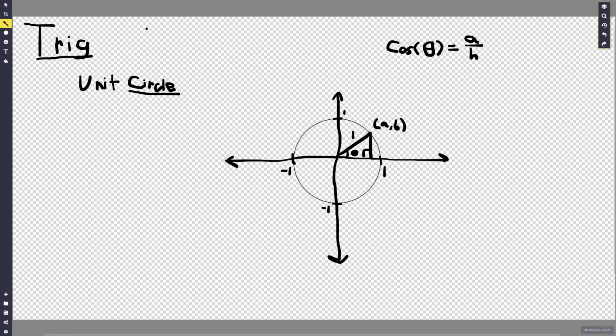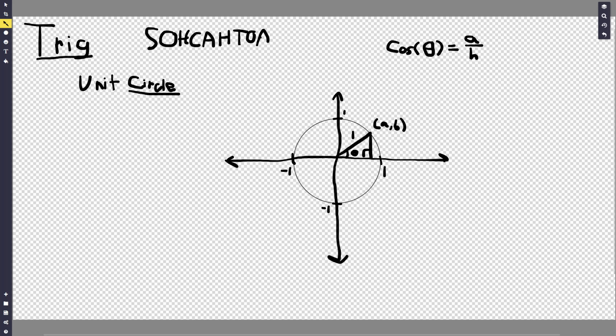So for you guys who don't know what cosine or sine or tangent is equal to, just remember SOHCAHTOA. SOHCAHTOA gives the first letter of basically all the stuff you have to do. Here, let me finish this. SOHCAHTOA, okay?